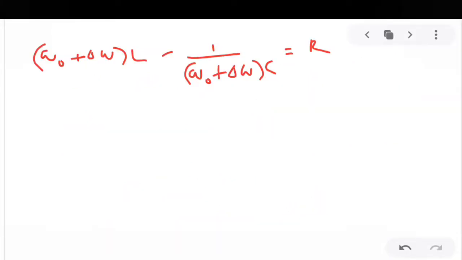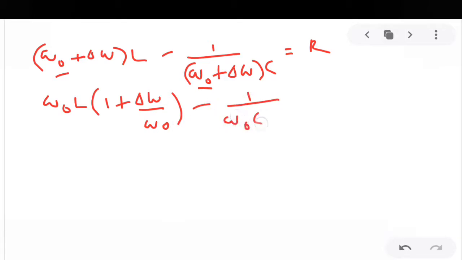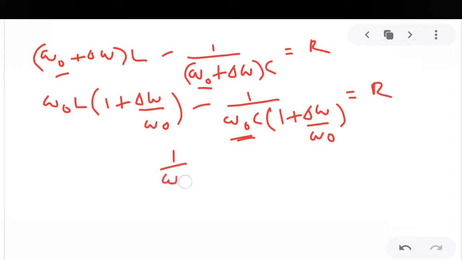So now taking this omega naught common here, this becomes omega naught L into 1 plus delta omega by omega naught. Here also omega naught is taken outside, so minus 1 by omega naught C into 1 plus delta omega by omega naught is equal to R. Now this 1 by omega naught C is equal to omega naught L. That is the resonance condition.